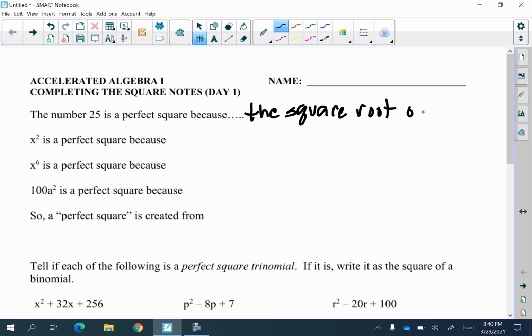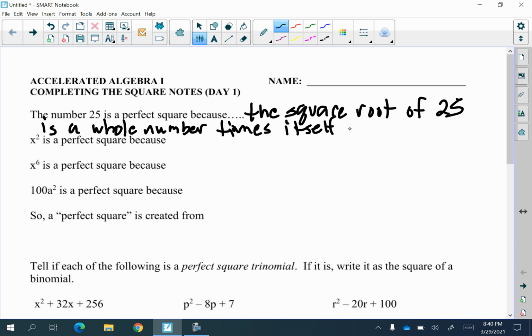So the square root of 25 is a whole number times itself. Basically the square root of 25 equals 5, and 5 times 5 equals 25.